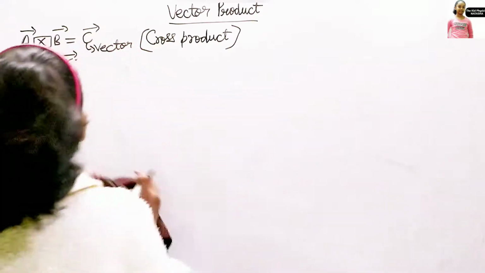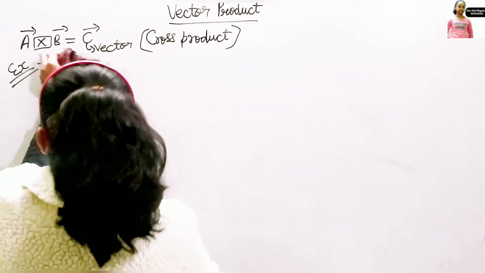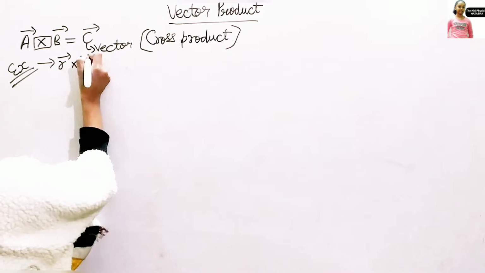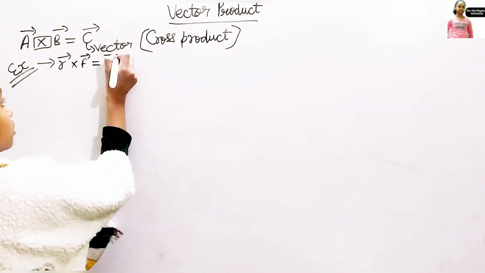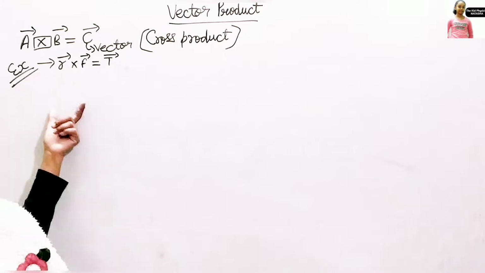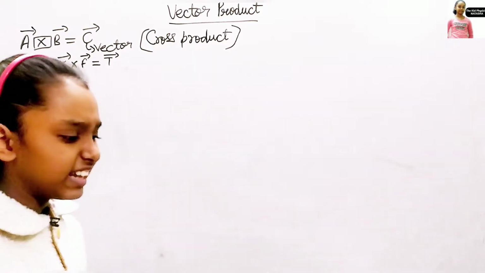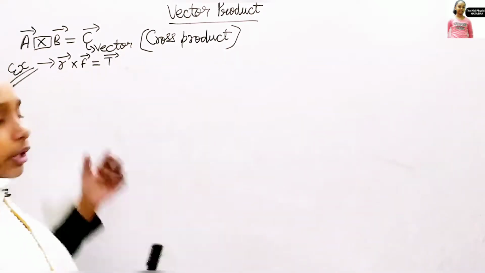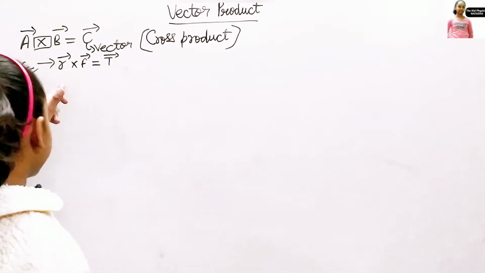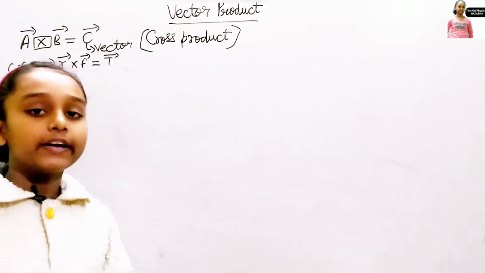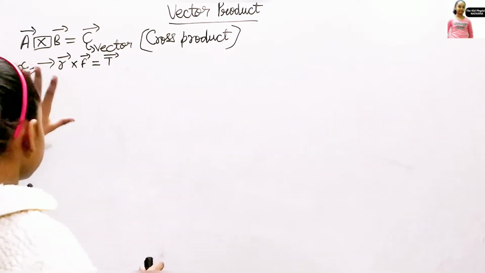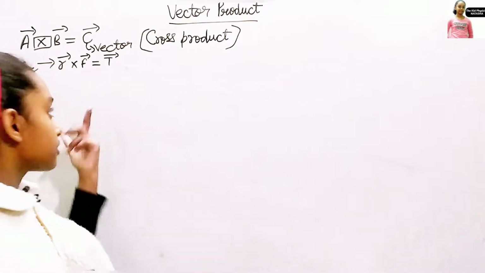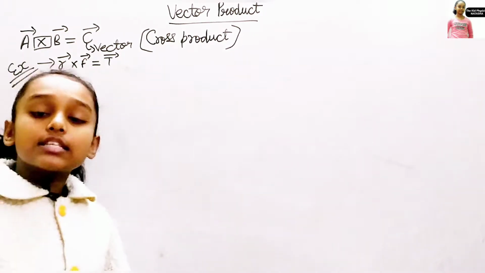Vector R cross vector F is equal to vector T. Do you understand? Let me tell you. We can call vector R displacement, and vector F is usually force. And this T is known as torque.